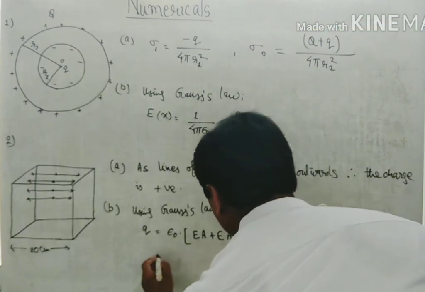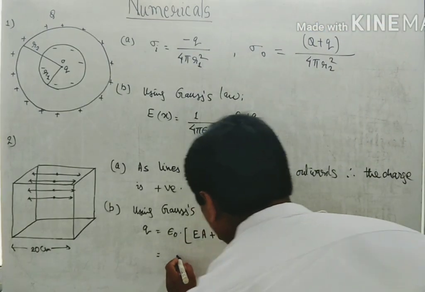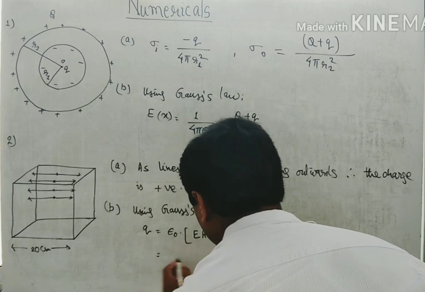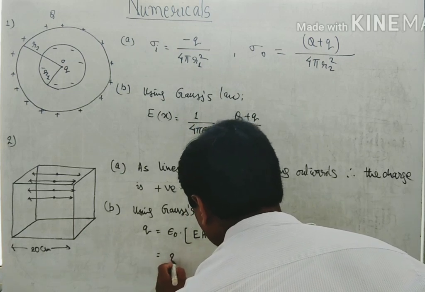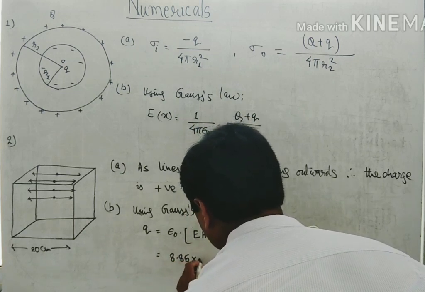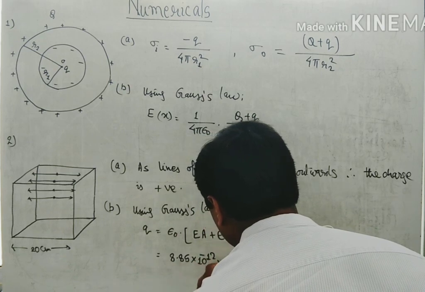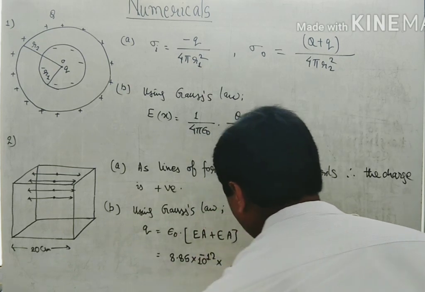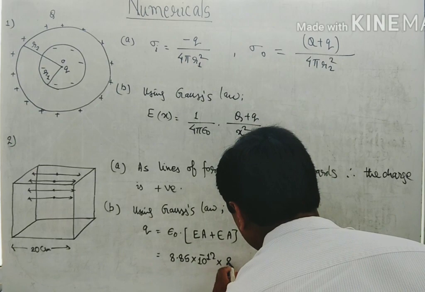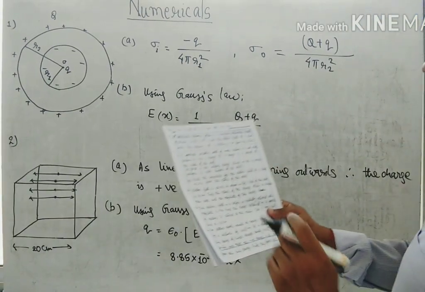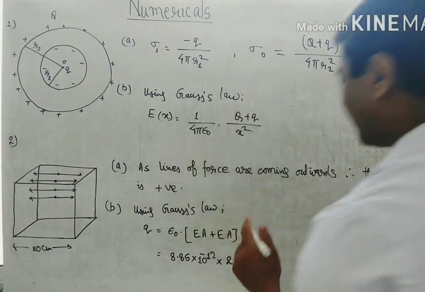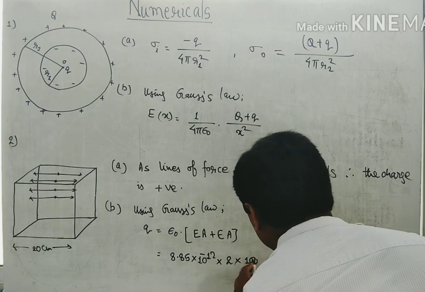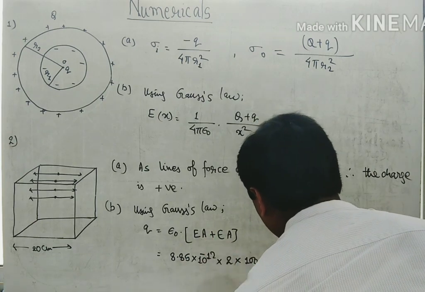So further moving ahead, we can place the values: 8.85 into 10 to the power minus 12, into 2 into E into A. The value of E given in the question is 100 Newton per coulomb.